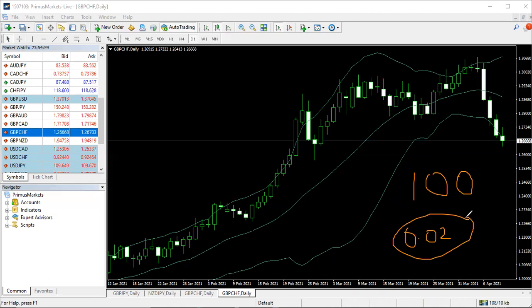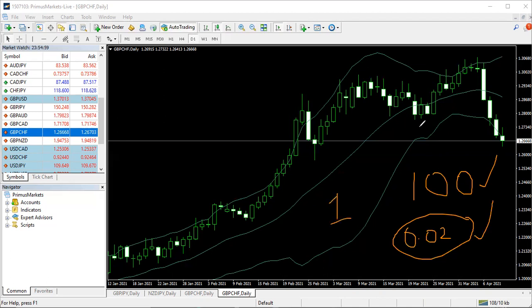That's what I mean. So if you have an account of $100, your lot size is going to be 0.02, and you will place just one single trade. Don't place more than one.